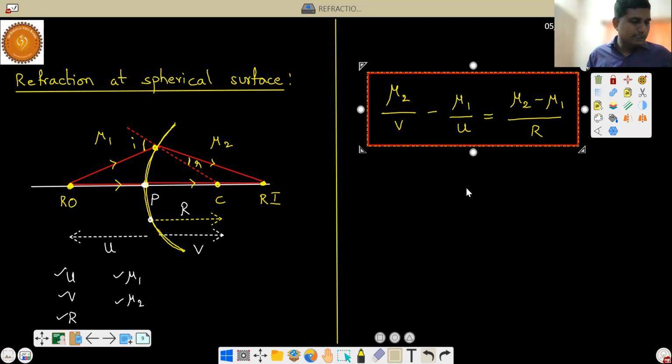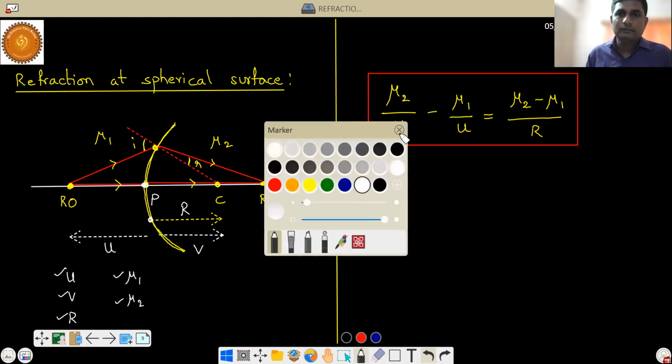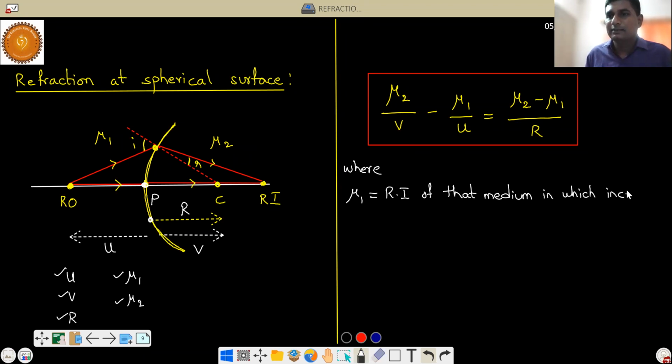What is mu1? Remember it as the refractive index of that medium in which the incident ray is present.